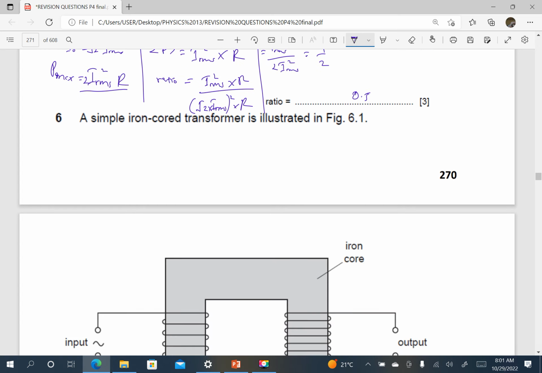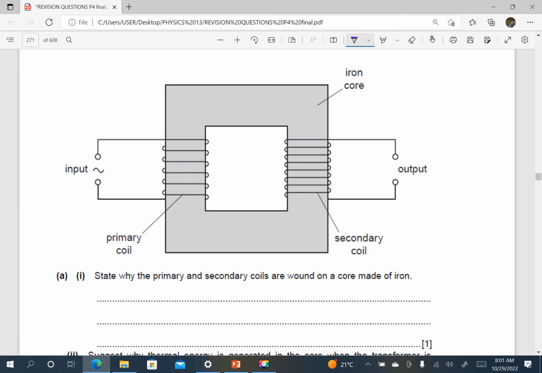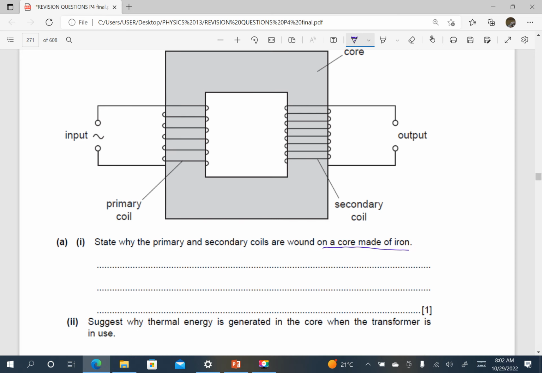Okay, a simple iron cored transformer is illustrated here. State why the primary and secondary coils are wound on a core made of iron. We know now what iron does.